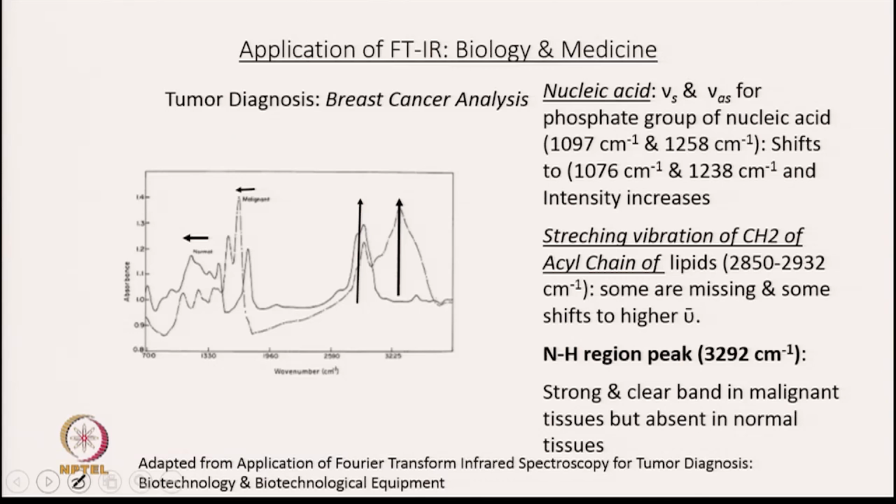You can look at nucleic acid. The phosphate group of nucleic acid comes around 1097 cm⁻¹ and 1258 cm⁻¹.